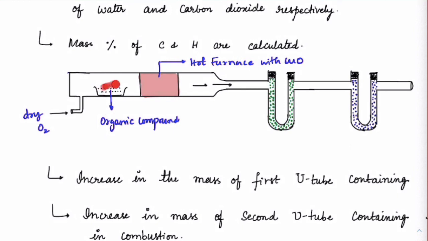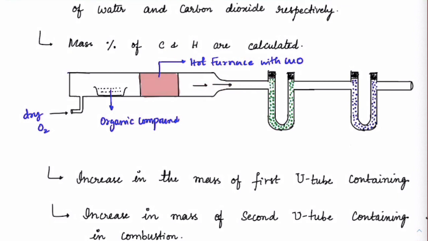So this entire organic compound in dry oxygen is heated up and passes through this hot furnace with CuO. Most of the carbon will form carbon dioxide, hydrogen will form water, and here we are letting all those gases come out of it.